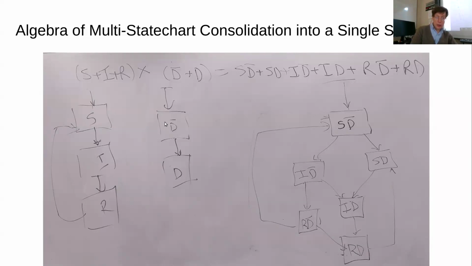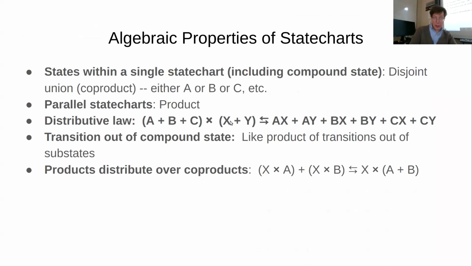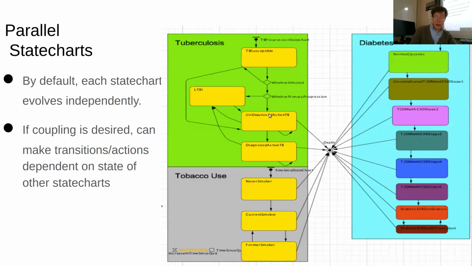When you have two state charts next to each other, I want to emphasize, I think I alluded to that fact, but I really should have brought out that you're in one state with respect to each of them at a time. So I'm in one state with respect to tuberculosis at any given time, one state with respect to tobacco use at any one time, one state with respect to diabetes at any one time, right?